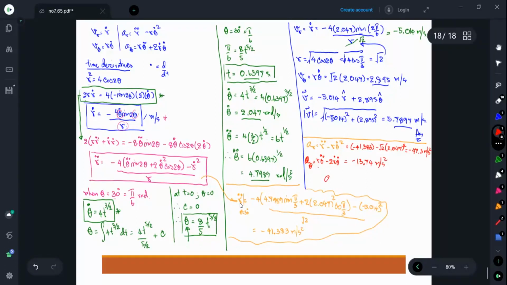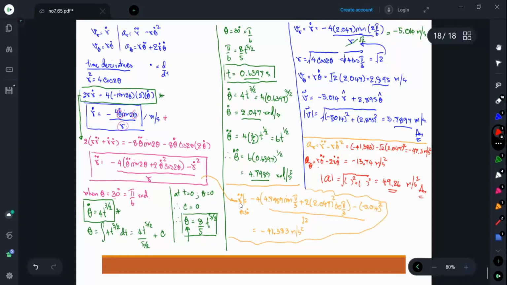After that, the magnitude of A is the square root of this term, and after you solve, you get 49.26 meter per second squared. I have no space now, so you may do it by yourself. So that is the complete solution of this problem.